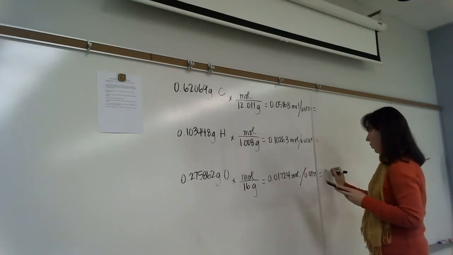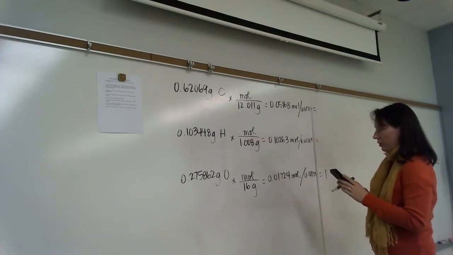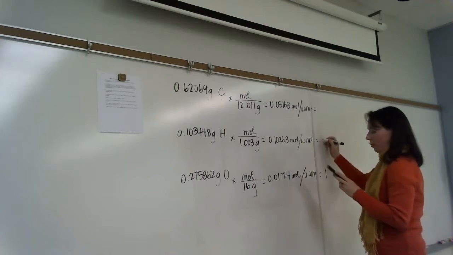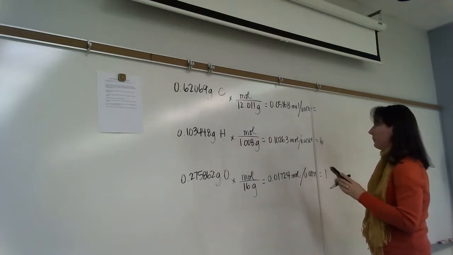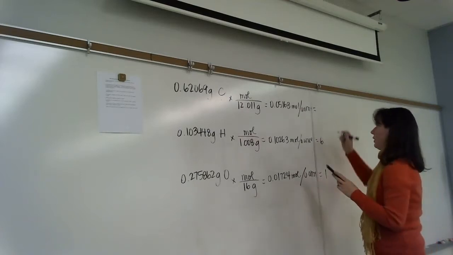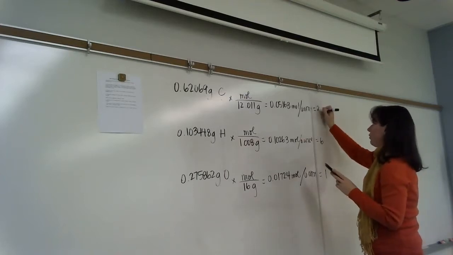Okay, so that's 1.10263 divided by 0.01724, which gives me 5.95, which will round to 6, and 0.05168 divided by 0.01724 gives me 2.997, which will round to 3.